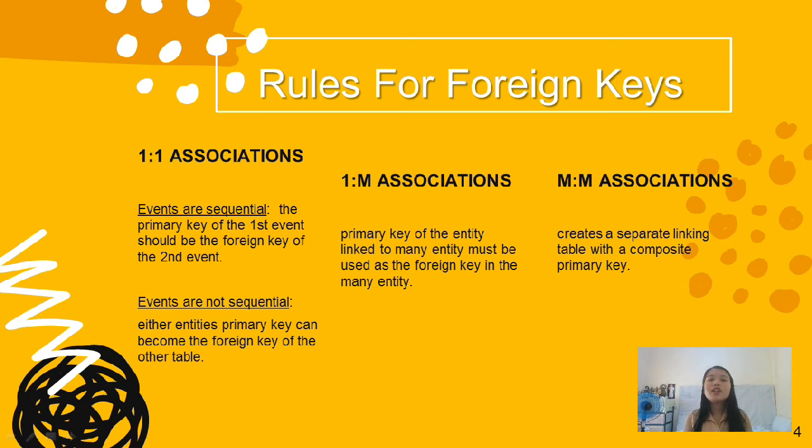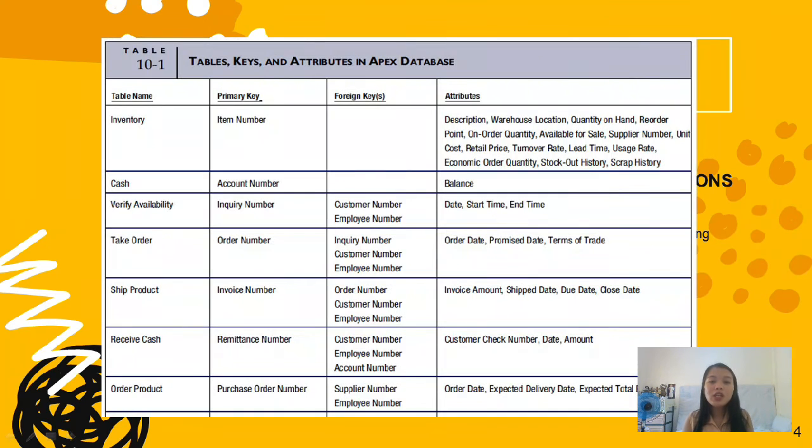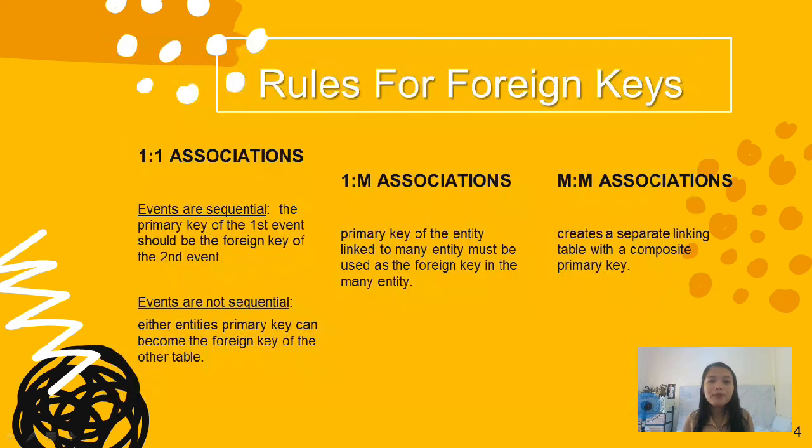If the events are sequential, the primary key of the first event should be the foreign key of the second event. Take as an example the primary key for the verify availability table, which is the inquiry number, is assigned as a foreign key to the take order table. However, if the events are not sequential, either entity's primary key can become the foreign key of the other table.